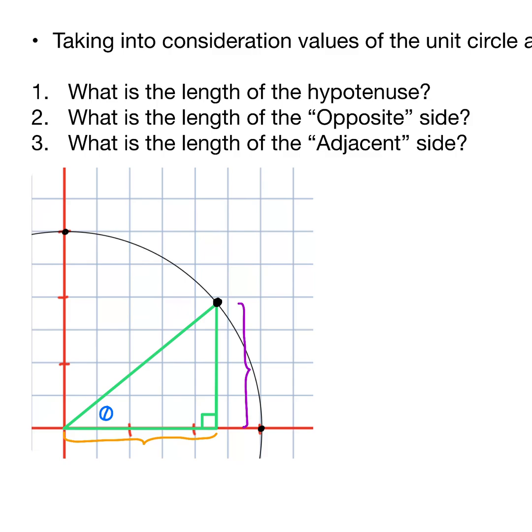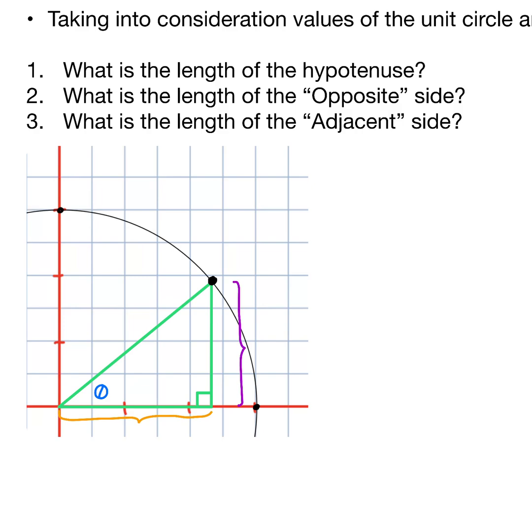Well, let's first consider the hypotenuse. The hypotenuse is from the middle to the edge of the circle. And like I showed you in the previous example, we could have drawn it here, or we could have drawn it down here. But the main point is that this is actually the radius. So the hypotenuse is always going to be 1.